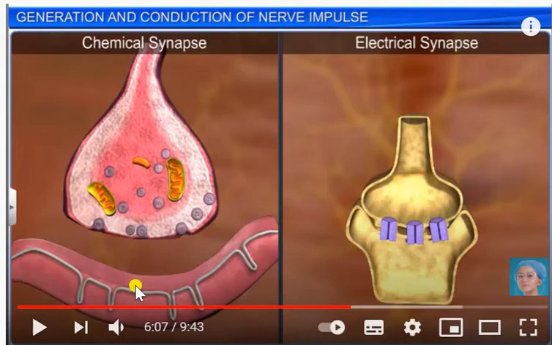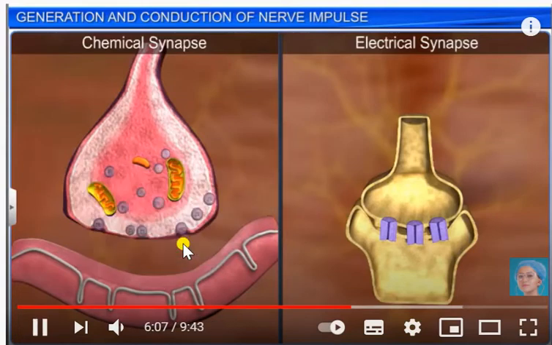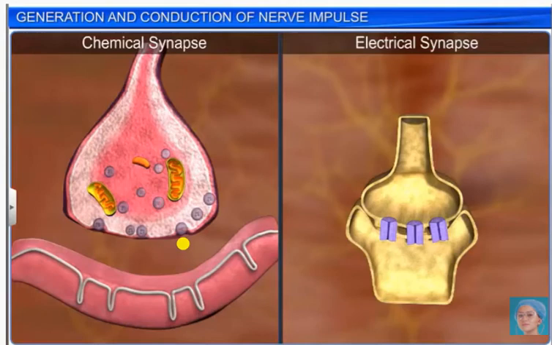There are two types of synapses on the basis of the nature of transfer of information. These are chemical synapses and electrical synapses.